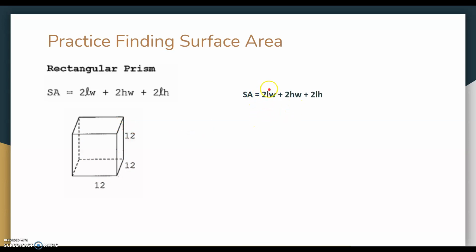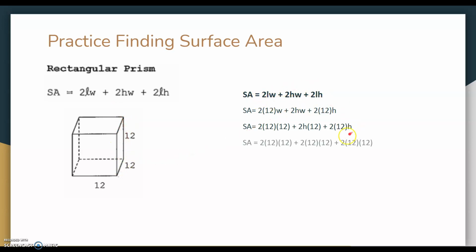Then I like to substitute my lengths in first, so our length of our cube is 12, so I'm going to substitute 12 in for the L's in our formula. Then I move on to my width, so our width is 12, so once again, all my W's, I'm going to plug in 12. And then lastly, H is our height, so I'm going to plug in 12 for all the H's as well, and then we should get this.